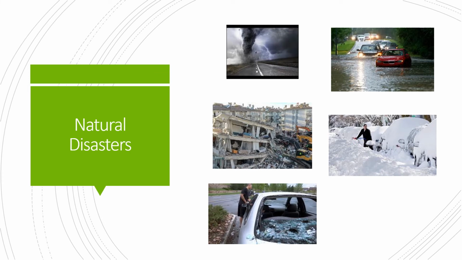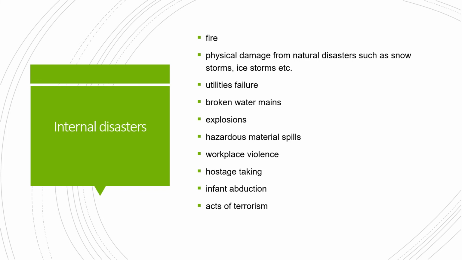Moving on to natural disasters: tornadoes, floods, earthquakes, blizzards, hail, that kind of stuff. And then there's internal disasters, which I kind of alluded to a minute ago: fire, broken water mains, explosions, hostage taking, infant abduction, all that stuff, acts of terrorism.